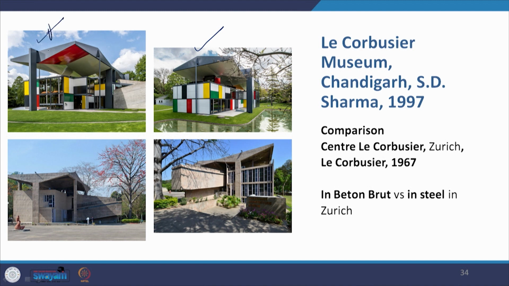So béton brut there versus steel in Zurich, and very similar. The roofscape in the front has a triangle with the vertex pointing downwards, and in the rear it is pointing upwards, and we see the same thing happening here, very similar, in fact a very close replica of the Centre Le Corbusier in Zurich.